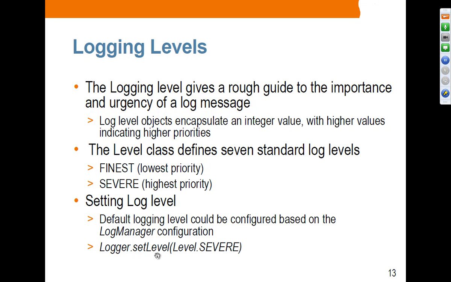In order to set the log level, you say logger.setLevel, then you specify Level.SEVERE. That means you want to log the message only at the level of severe and above. The default log level can be configured based on the log manager configuration.